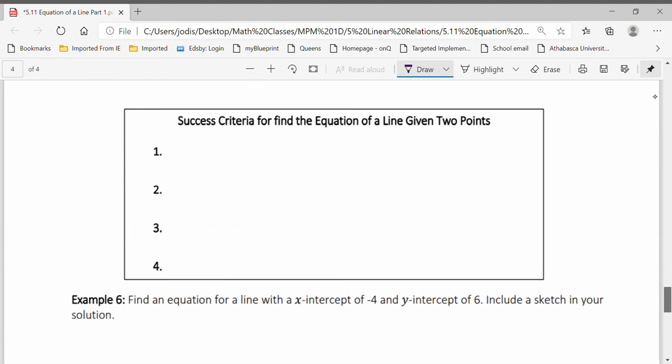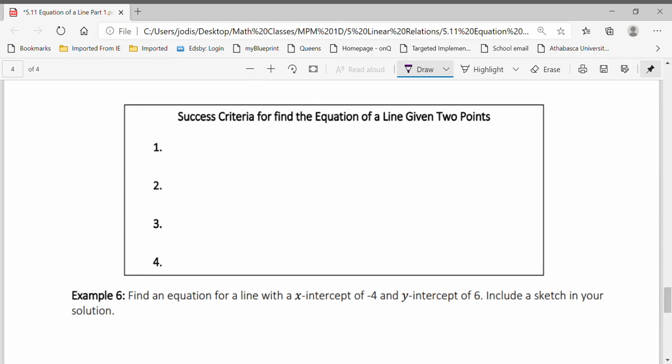Okay, so some success criteria for finding the equation of a line given 2 points. So first thing we want to do, determine the slope using our 2 points.